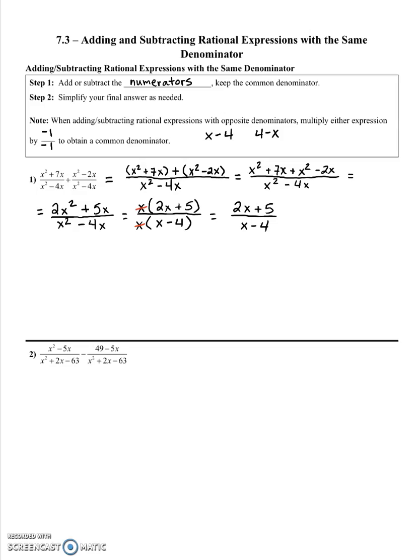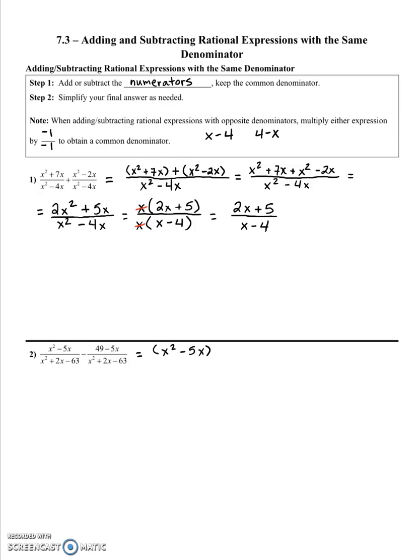All right. If we go to the next problem, it's the same thing, except we are subtracting this time. So you notice our denominators are the same. So all we have to do is subtract our numerators.